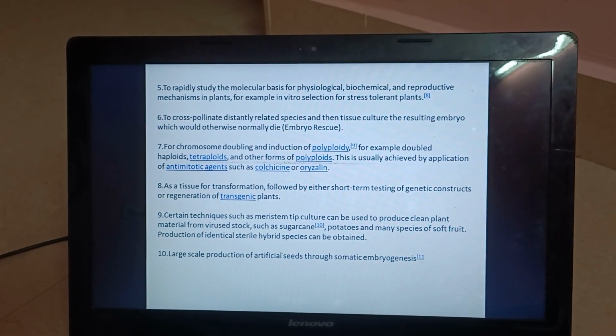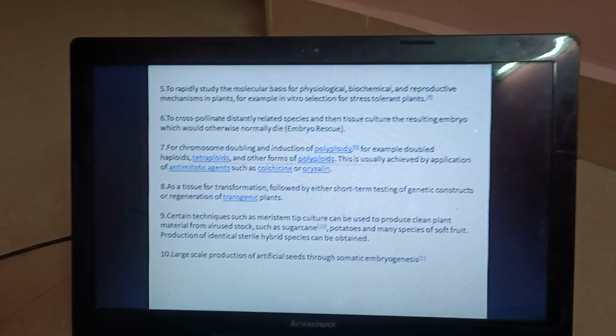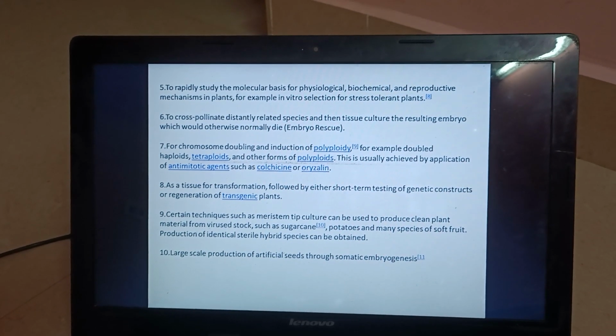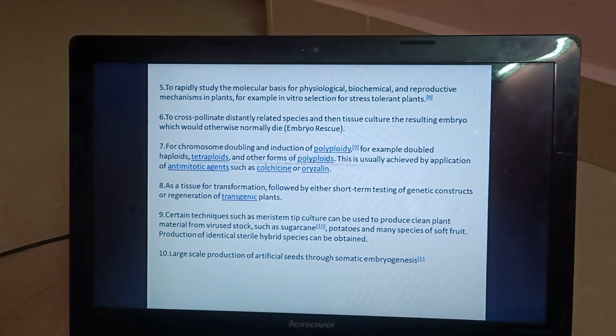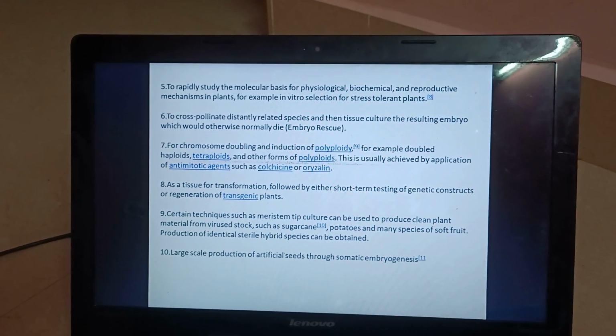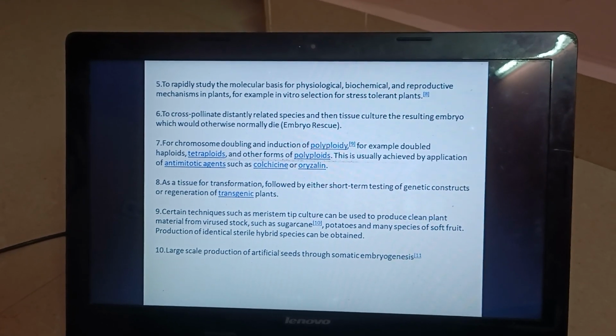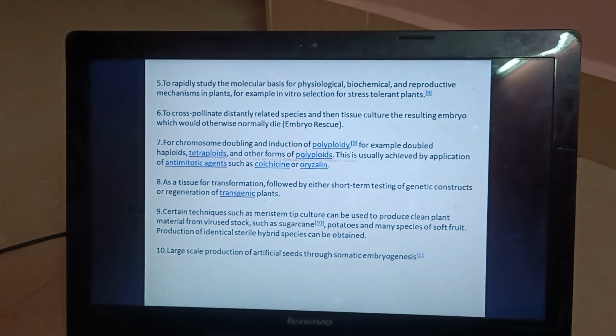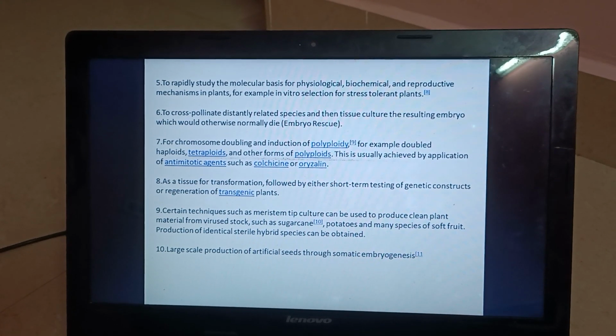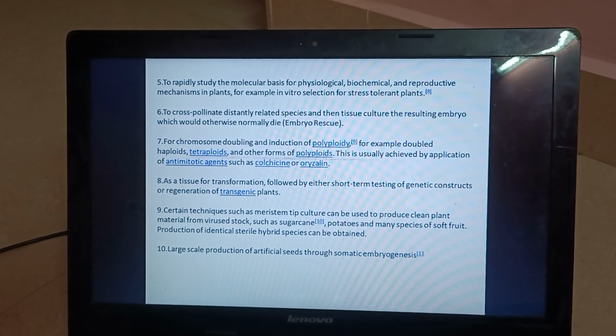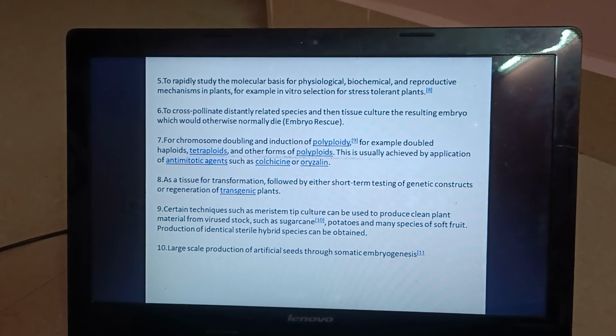That kind of plant basically has the capability of immunoprotective disease control genes in nature. So we should know the molecular basis of physiological, biochemical, and reproductive mechanisms of these plants.